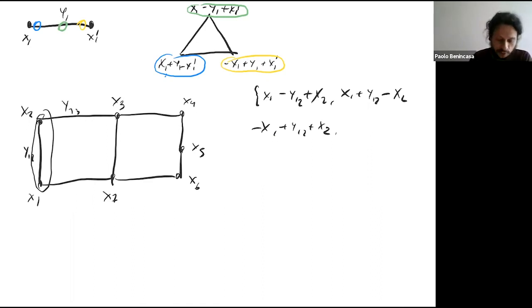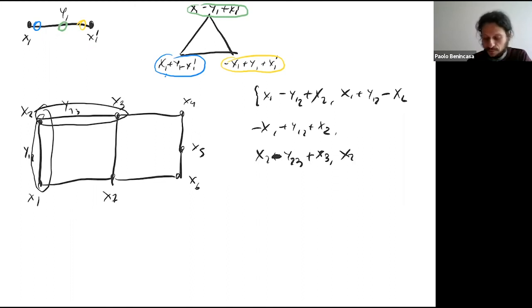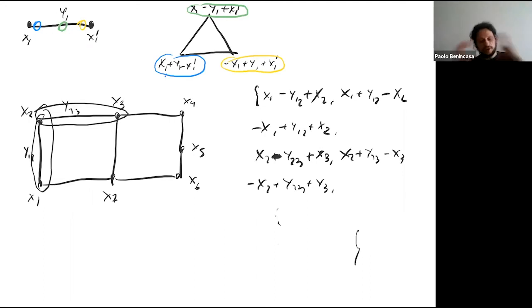To continue the list, this one will contain x2 plus y23 minus x3, minus x2 plus y23 plus x3, and so on. You continue the list, and you know that these are all the vertices associated to the polytope. Okay.